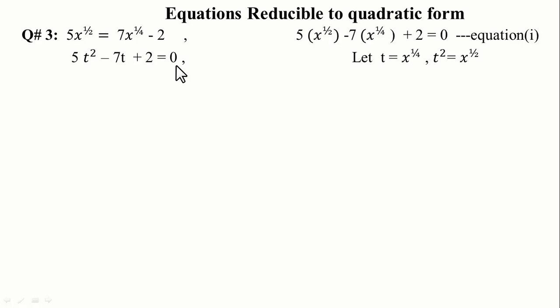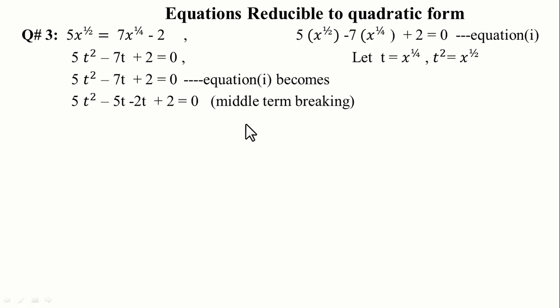Now we do the middle term breaking of this equation. The equation is 5t square minus 7t plus 2 is equal to 0. After middle term breaking, 5 twos are 10, so the two factors are minus 5 and minus 2. 5 multiplied by 2 is 10, and minus 5 and minus 2 is minus 7.